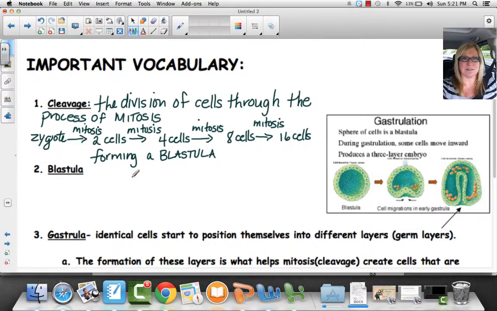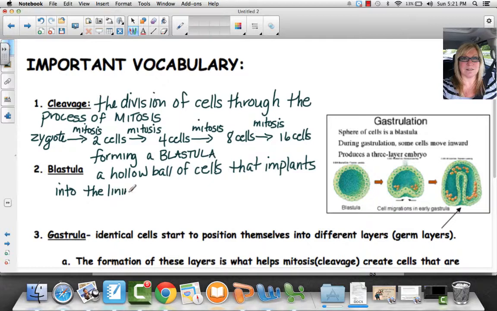So a blastula is a hollow ball of cells that implants into the lining of the uterus to begin development.